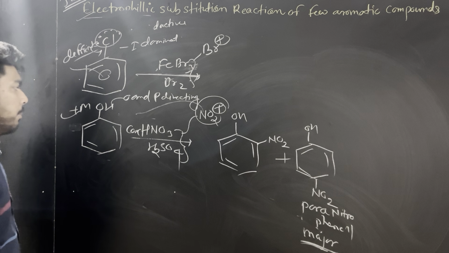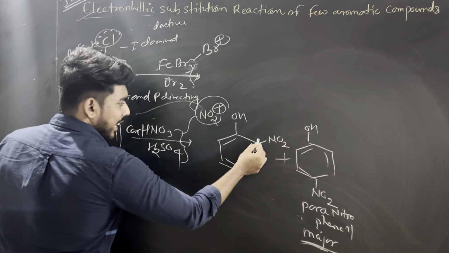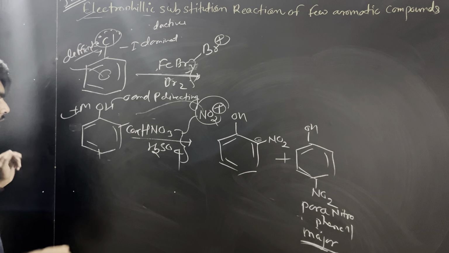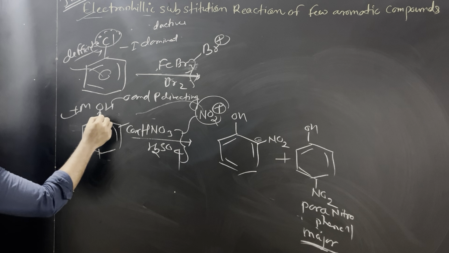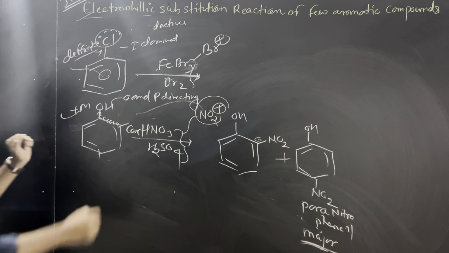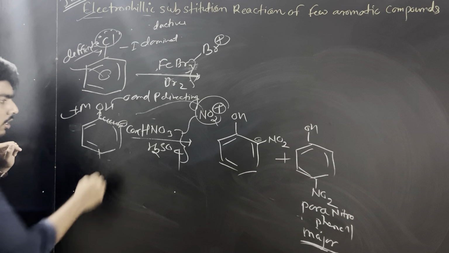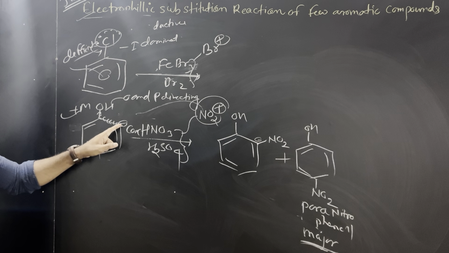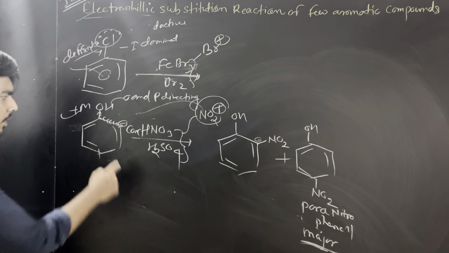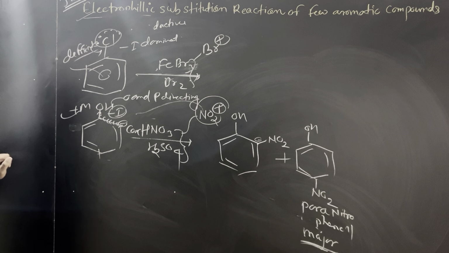Why is it major? Because the OH is ortho directing. In the beginning, electron density will be the same at the ortho as well as the para position, but this O will pull electron density from the ortho position and make it a little bit electron deficient, because O will put a minus effect on the ortho position.